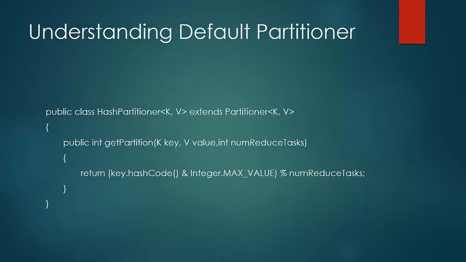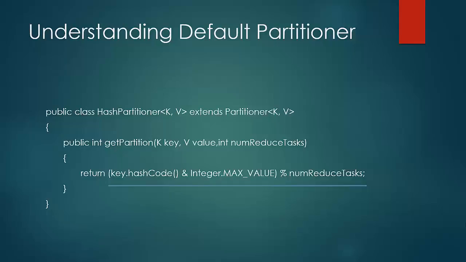GetPartition function takes key, value, and number of reducers as input. It simply produces the hash code of the key and performs an AND operation with the integer max value and takes modulo to get to which reducer it should go to. Suppose the reducers are 3, then the result of all the keys would come out to be 0, 1 or 2.